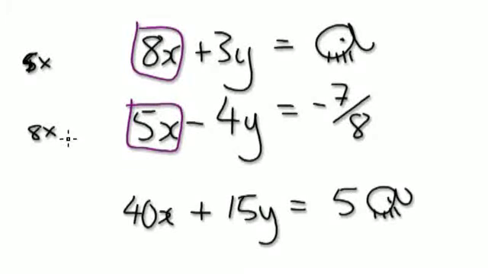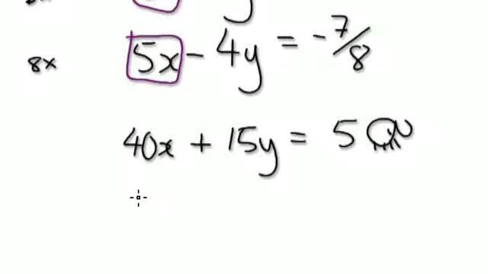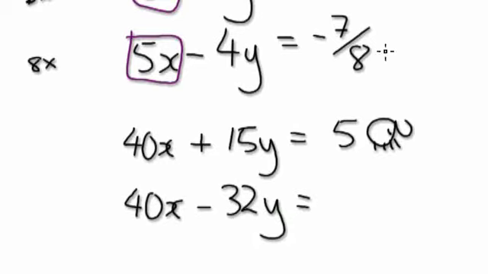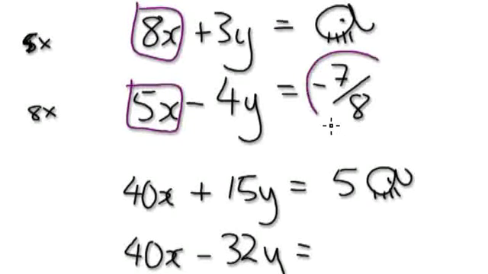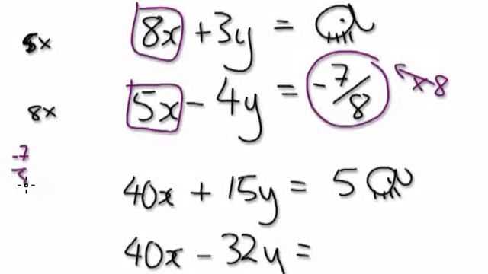Then down here we multiply everything by 8, so we will have 40x minus 32y equals. Now 7 over 8 times 8 gets multiplied to the top, and then the two 8's will cancel out, leaving you minus 7.